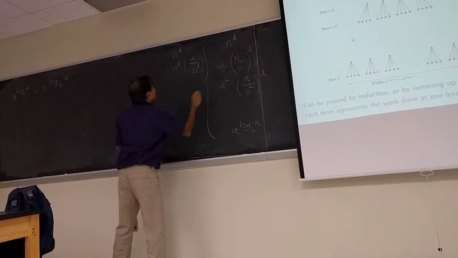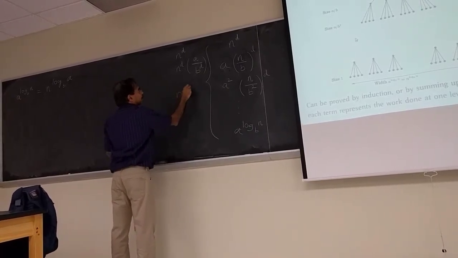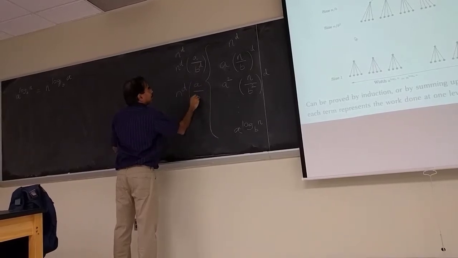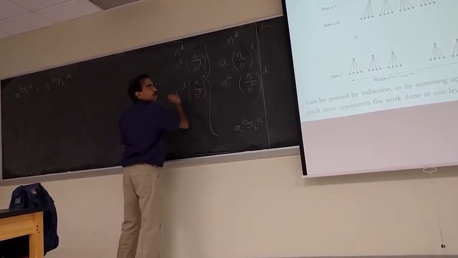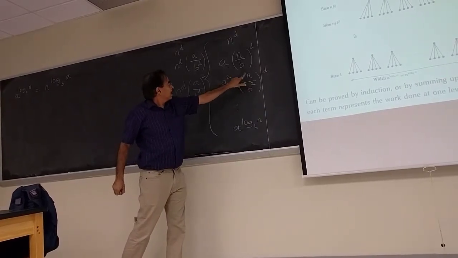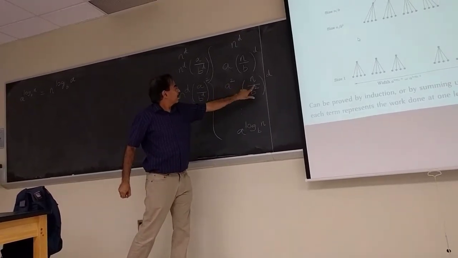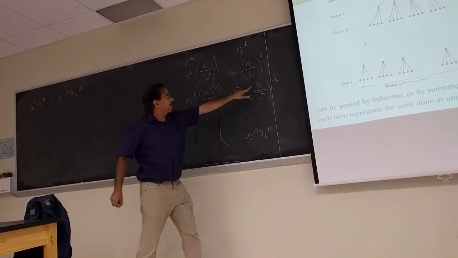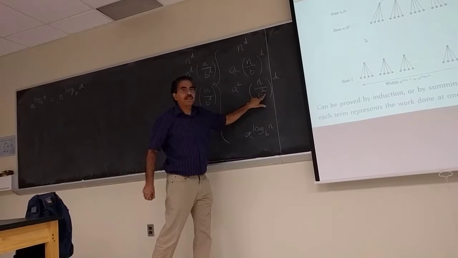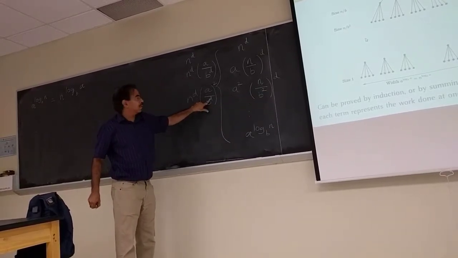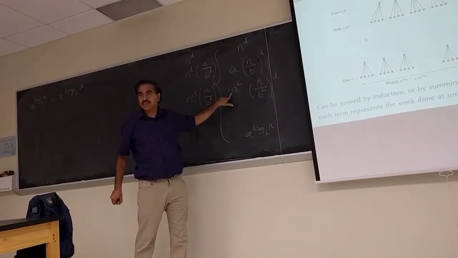And this one is again n to the power d multiplied by a by b to the power d, squared. You can do the math: the denominator is b to the power 2d, and the numerator is a squared.